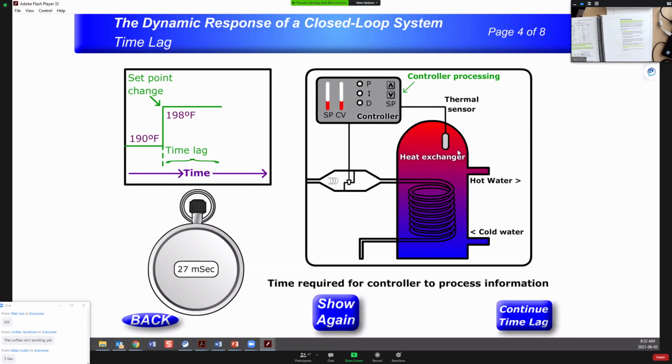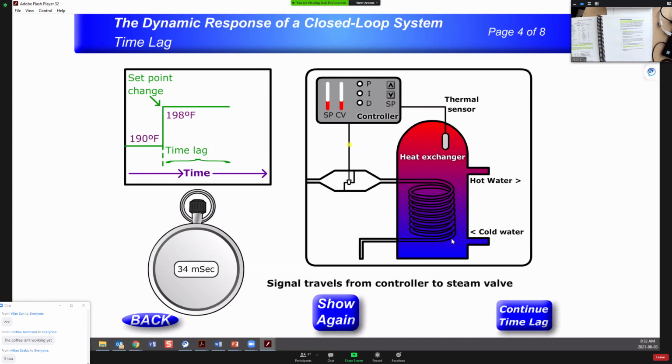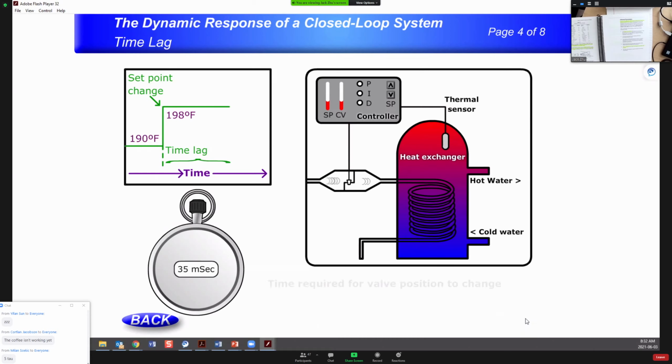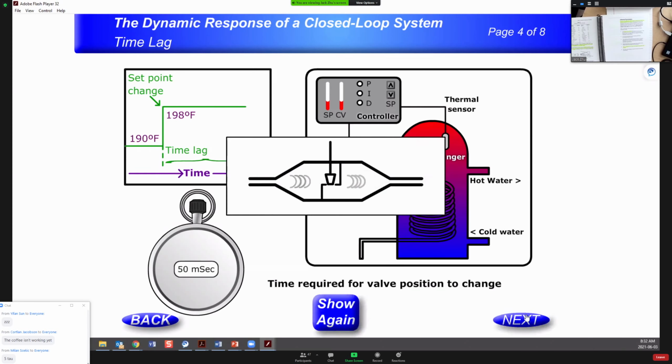Then the controller has to process that information. And the controller has to send the signal to the valves. It takes time for the valves to open.